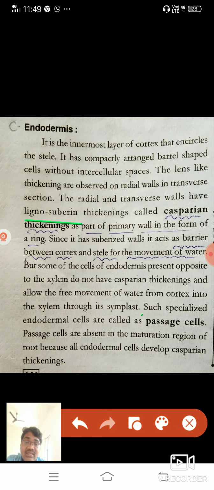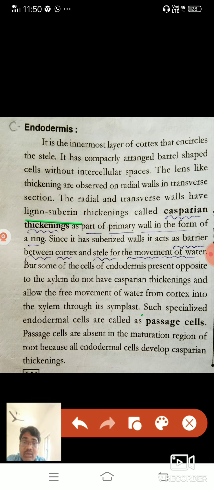The passage cells do not have any Casparian thickening. Through the passage cells, the water enters into the xylem cells. That is the main concept in the endodermis.